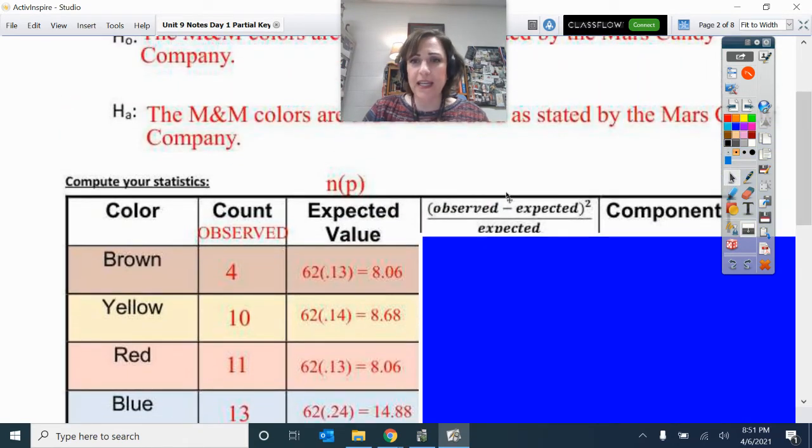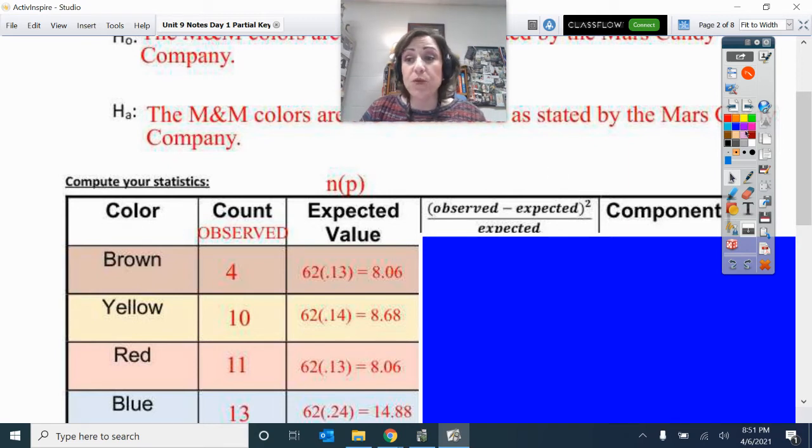So next we're going to get a component. This is going to be each individual category, each component category that we're talking about here, every single one of their discrepancies. I'm going to see how far what I actually observed is away from what I was supposed to get.